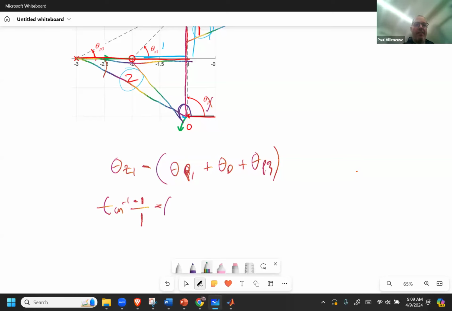Then we're going to subtract from that our theta P1, which we've already said, and hopefully you see it is 90 degrees. Then it's our angle of departure, and then our theta P3 is the inverse tangent of, we have to go to the right 2 and down minus 1.